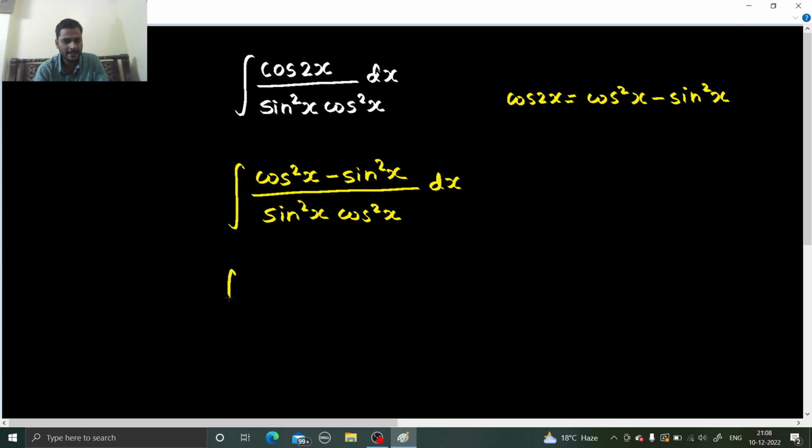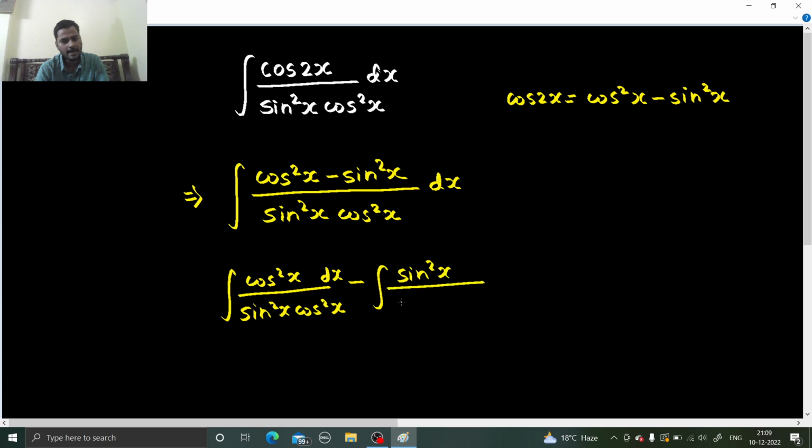Now we can separate this. So we'll get cos square x divided by sin square x cos square x minus sin square x divided by sin square x cos square x.